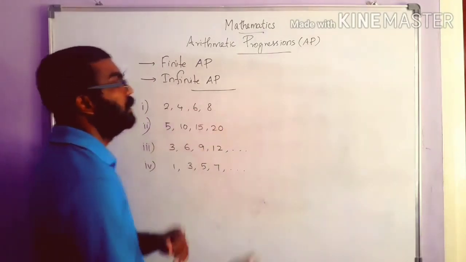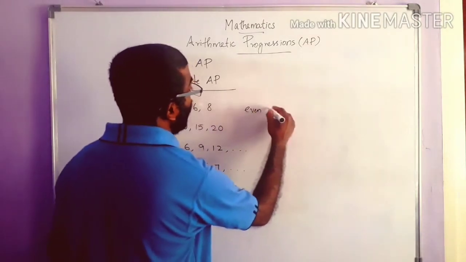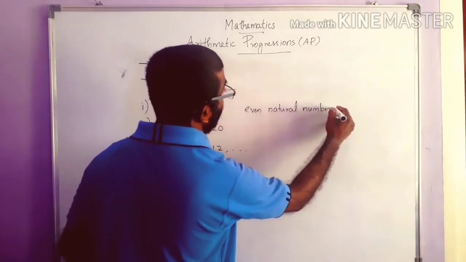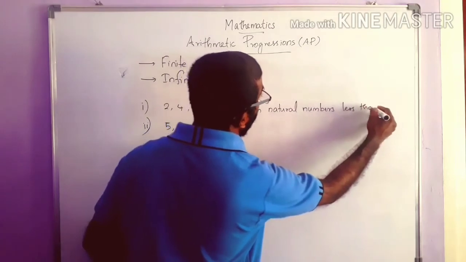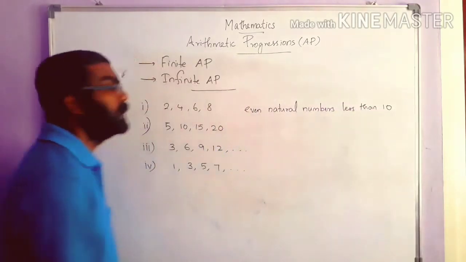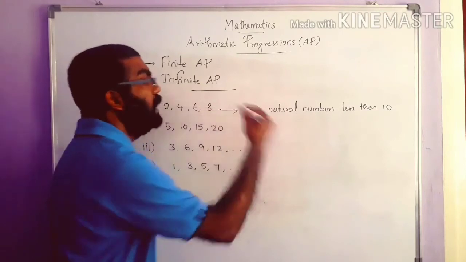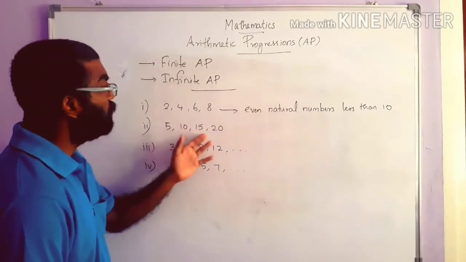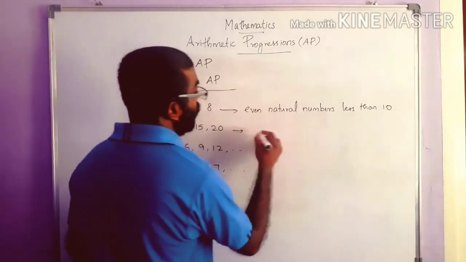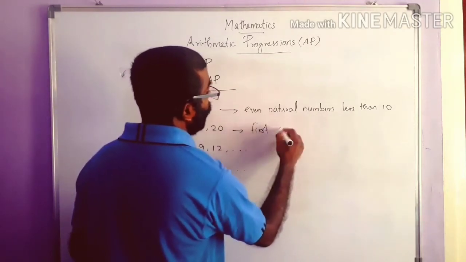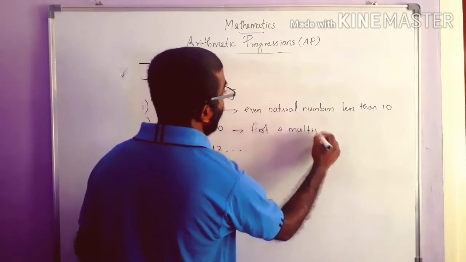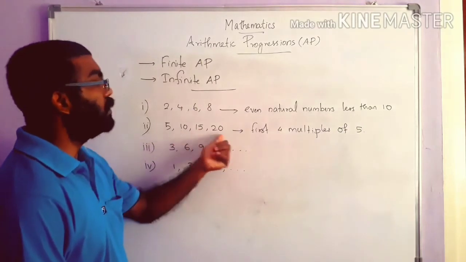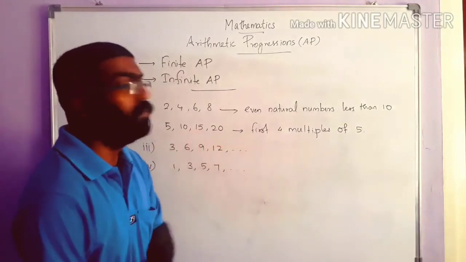2, 4, 6, 8 is the set of even natural numbers less than 10. And 5, 10, 15, 20 are the first 4 multiples of 5.